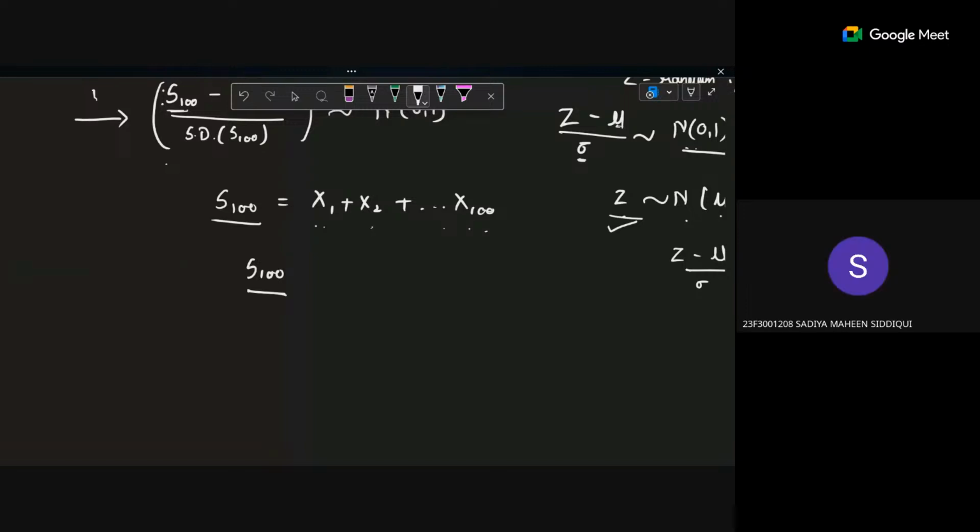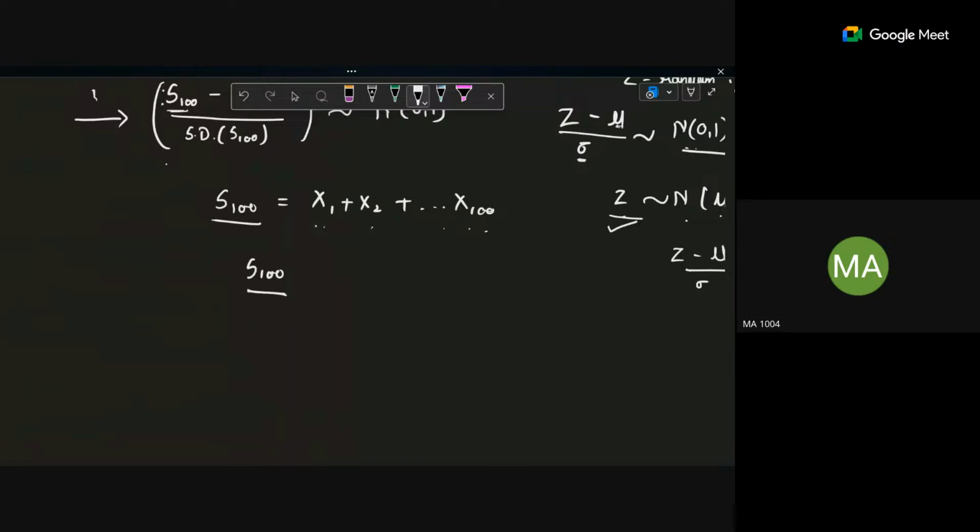Ma'am, when we standardize, the MGF function will be similar to the normal function. Standardization will be the next step.